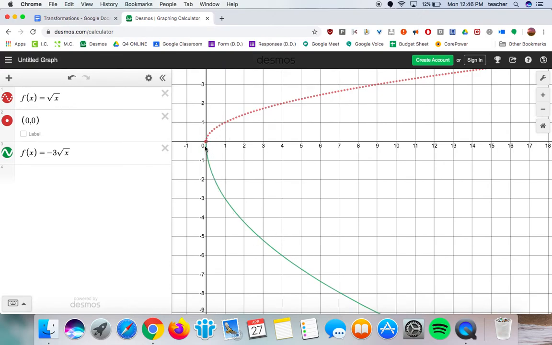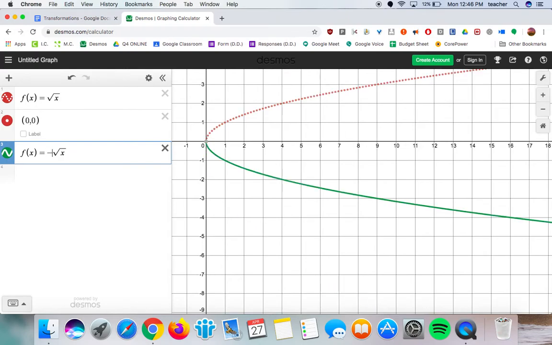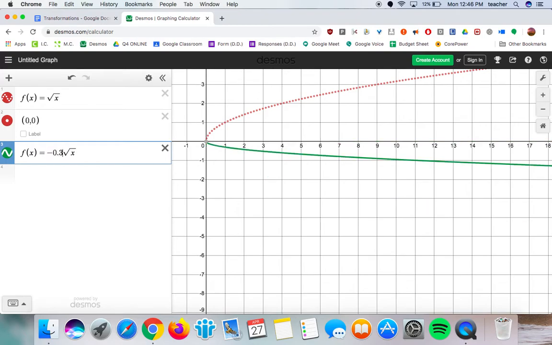Notice how it's upside down and it's way stretched out, it's much taller, right? So we can also have a flip and a stretch, or we could also have a flip and a shrink as well. So we have a flip and a shrink, right? Where we are upside down and we're just squished down a little bit shorter as well.